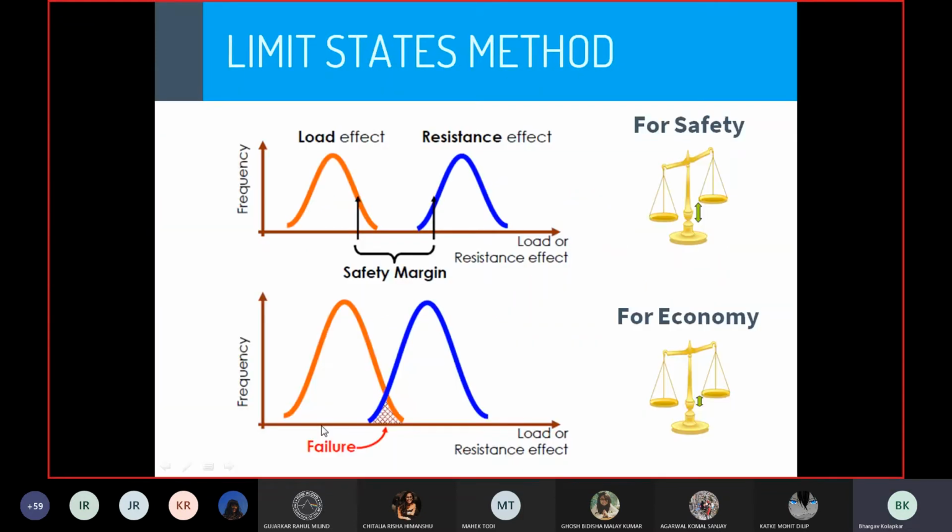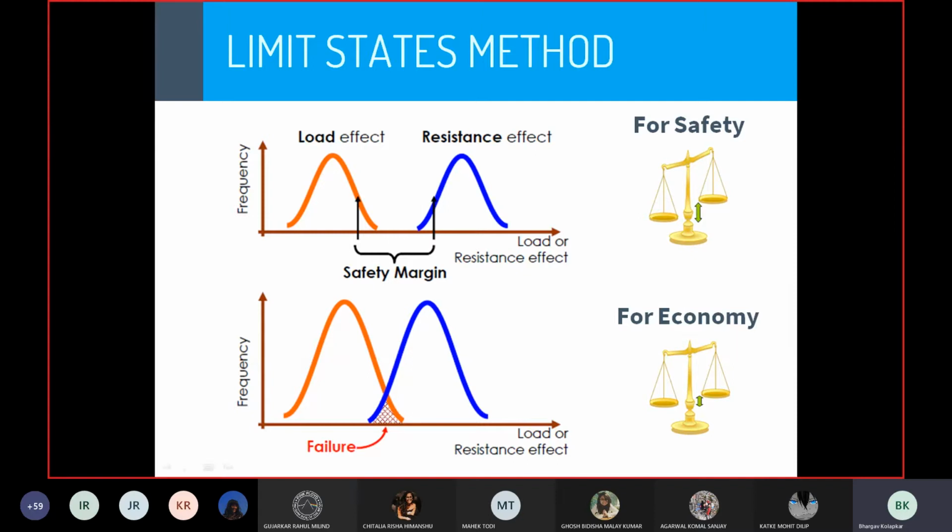Now, our resistance or our capacity should always be greater than load. But if it is much greater, we'll have a lot of safety, but we'll have a lot of uneconomy. So we have to reach a certain compromise between the load and resistance such that we have safety as well as economy.